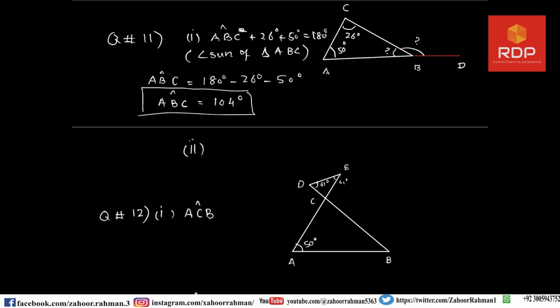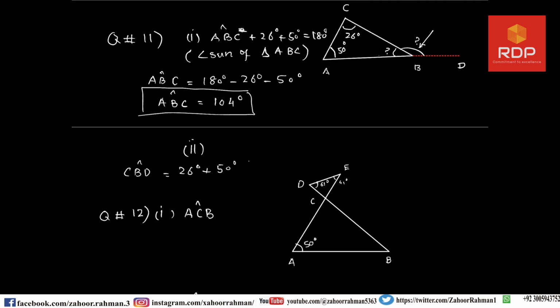Now the second part is saying that if AB is produced to D, now you can consider that red dashed line that we produced, AB till the D part. Find CBD, which is this one. So I am writing CBD is equal to 26 degrees plus 50 degrees.